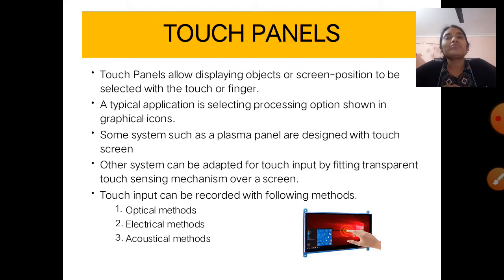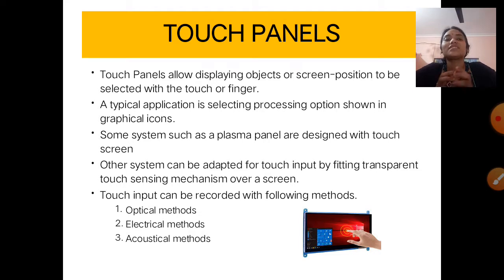A typical application is selecting a process option shown as graphical icons. Some systems such as plasma panels are designed with a touchscreen. Other systems can be adapted for touch input by fitting a transparent touch sensing mechanism over a screen.